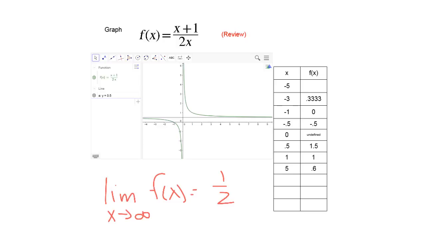And what I can do when I have polynomials of the same order in the numerator and denominator is I can divide the leading coefficients of each polynomial. The leading coefficient of the numerator is 1, and the leading coefficient of the denominator is 2, so I get 1/2.